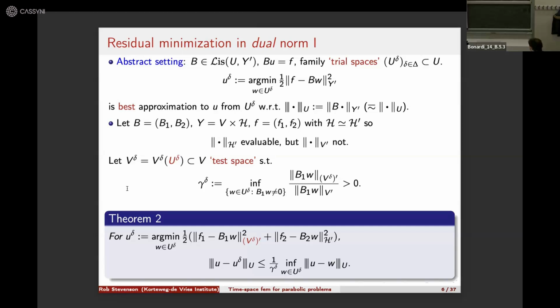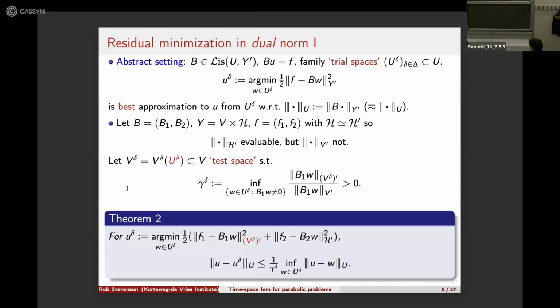You cannot expect that they are always equivalent because this is a discretized norm, but W runs over the trial space. So the test space should be sufficiently large so that these are equivalent, meaning that the gamma delta, the intercept constant, is positive. And of course, we want to have this uniformly in delta. That's the LBB stability.